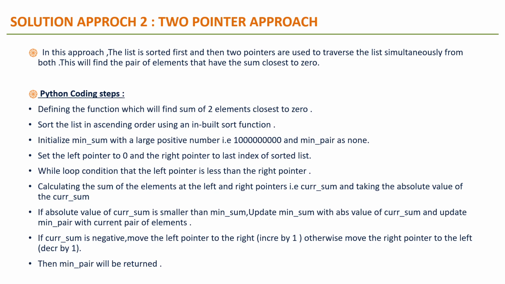But in a two-pointer approach, we will be considering two points at a time, and the solution and the iteration go very quickly, taking two elements at a time. So the time complexity of this approach will be less.